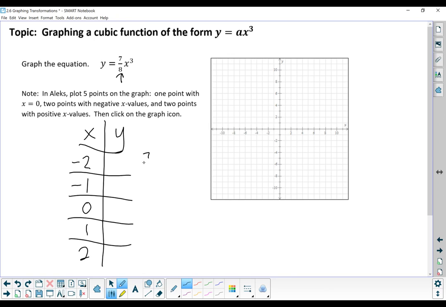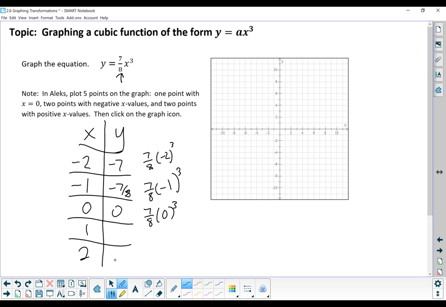And just sub in 7/8 times -2 to the third. That's -7. 7/8 times -1 to the third. That's -7/8. So you'll have to use the little tool to plot that one. Subbing in 0 is super easy because it is just 0.